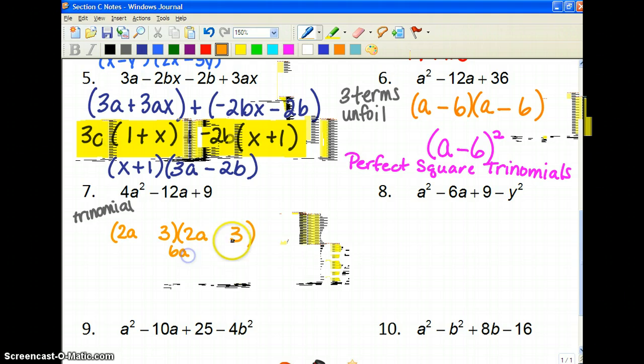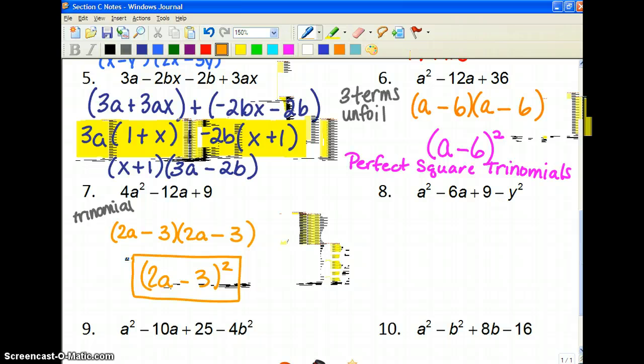You get 6a in the middle and 6a in the middle, and if they're both negative, I would get negative 12. I notice that these are the same, so my answer is 2a minus 3 quantity squared. So just make sure if you get two that are the same, you write it together.